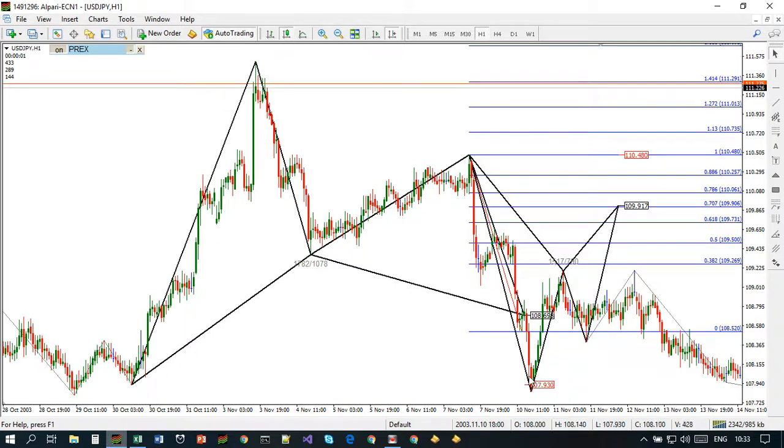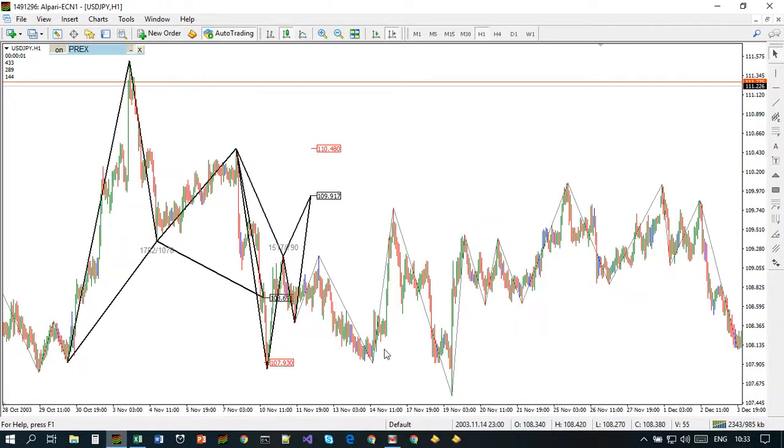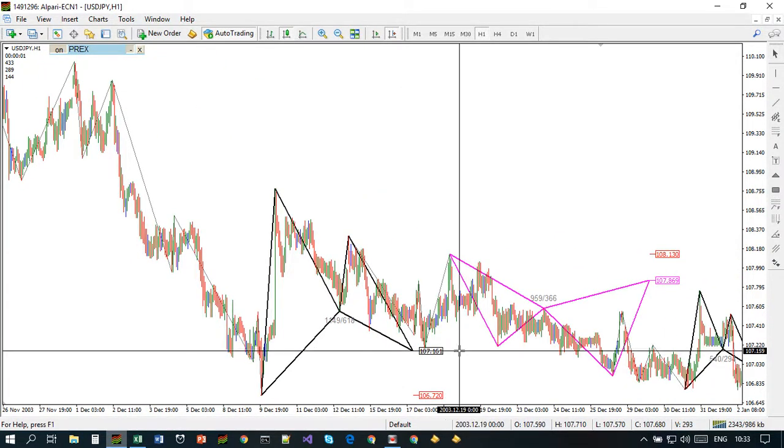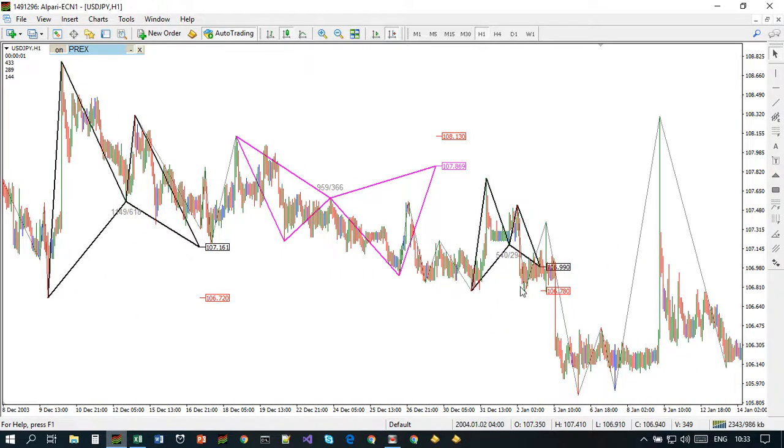If only we didn't exceed, then the close above this level would signal an entry. But we did invalidate the pattern. Okay, invalid C to D, this Gartley pattern. Let us see.